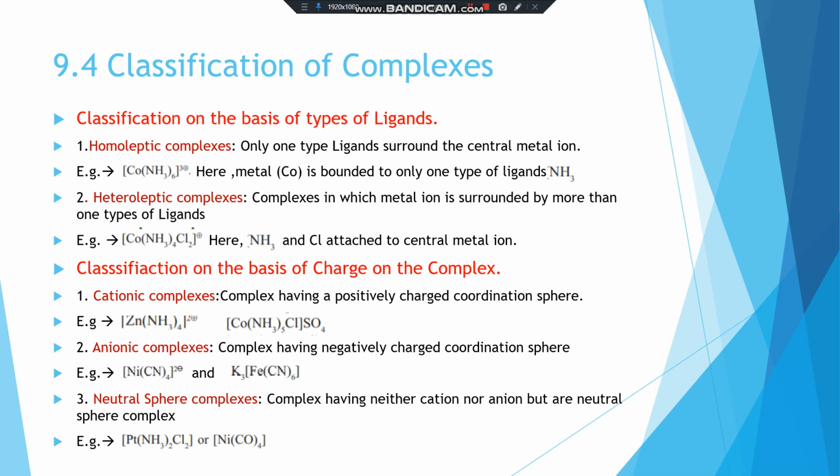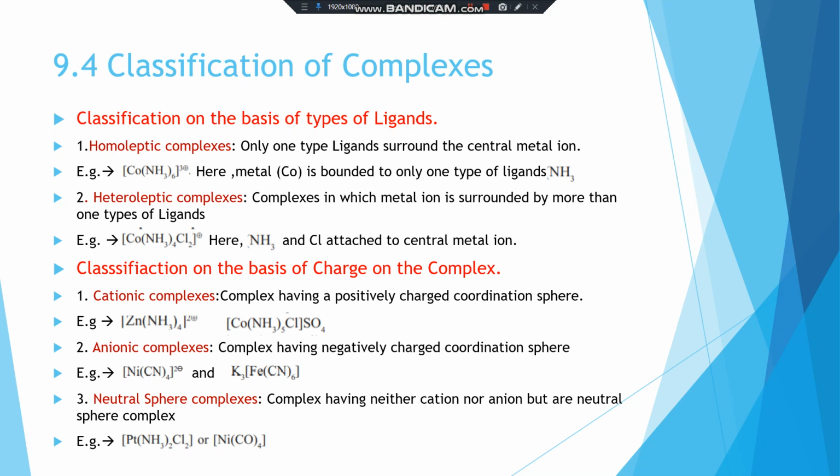In this example, there are two types of ligands, NH3 and Cl-, attached to the Co3+ ion. Such complexes in which the metal ion is surrounded by more than one type of ligand are called heteroleptic complexes.